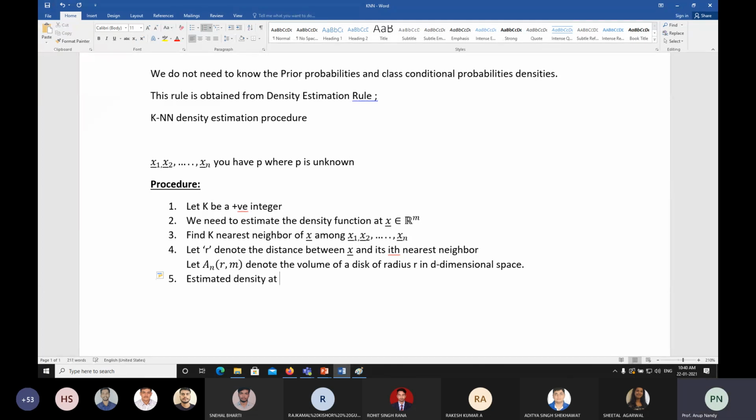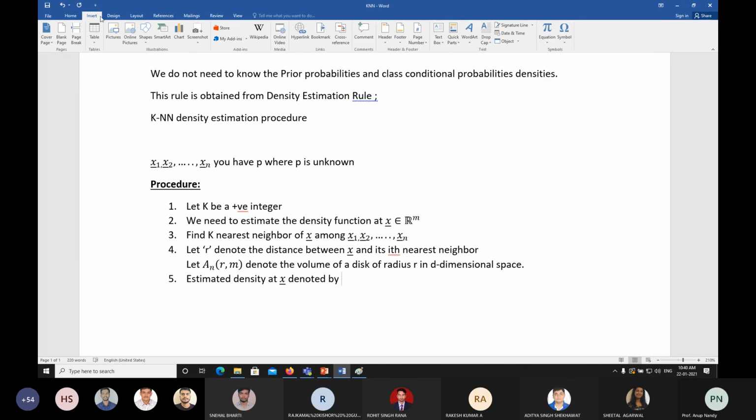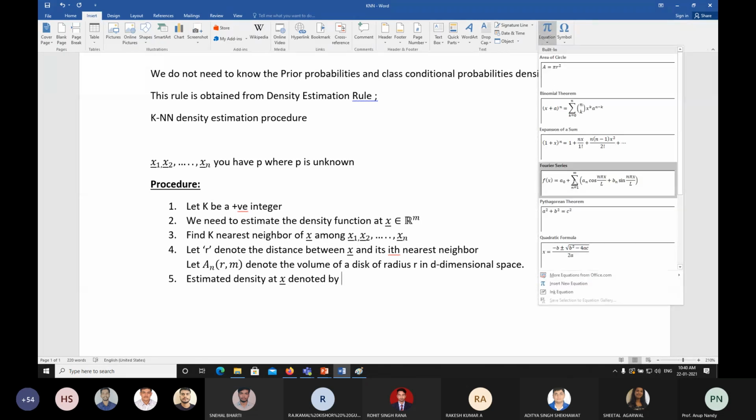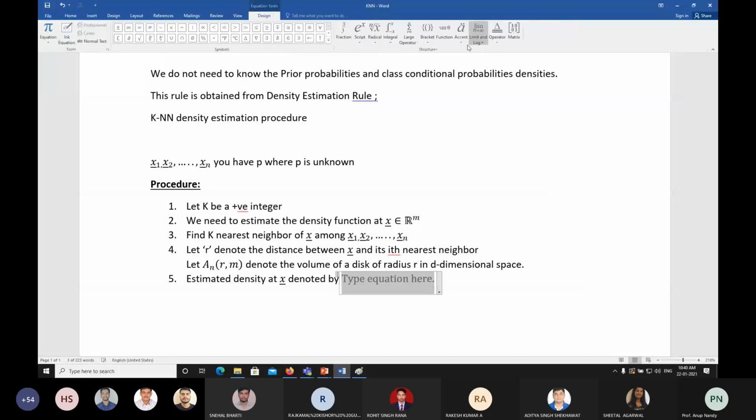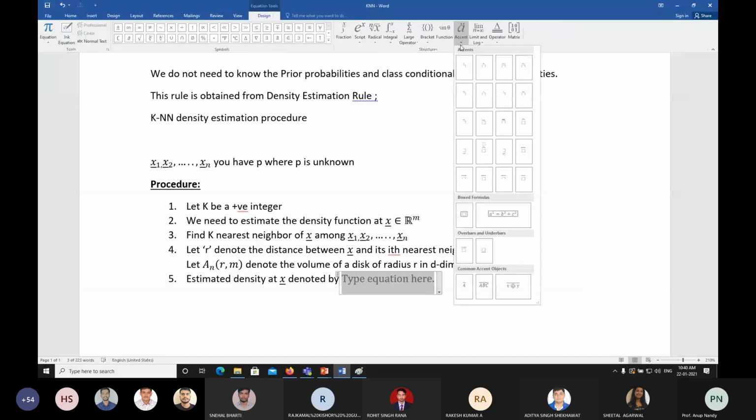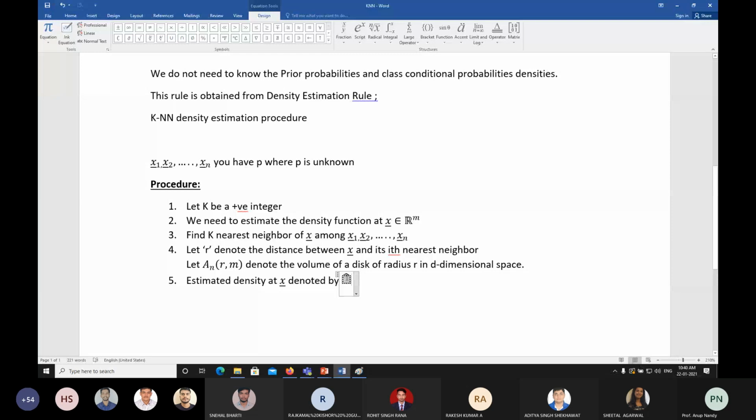Estimated density at x denoted by p hat x.